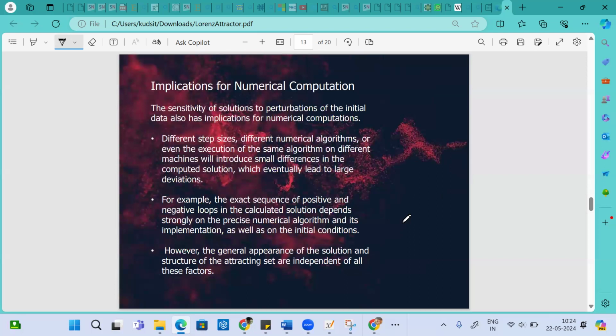Then what will be the implications of this concept for numerical computation?